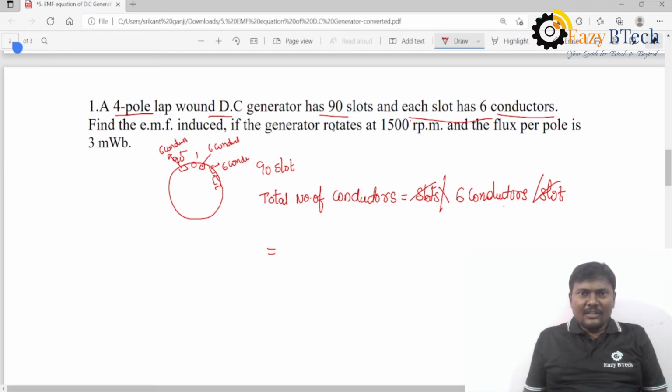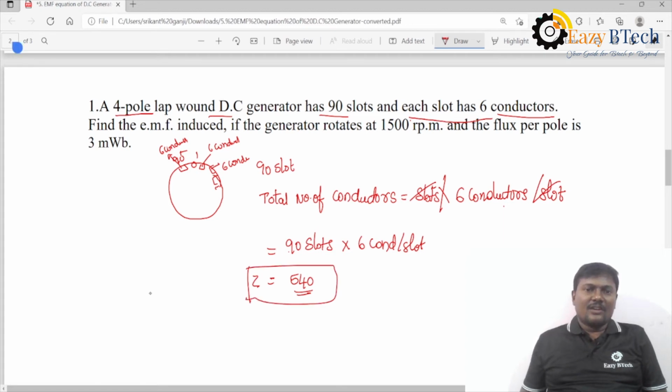How many slots are there? 90 slots into 6 conductors per slot. So 90 into 6, that should be equal to 540 conductors. The Z value is 540 conductors.